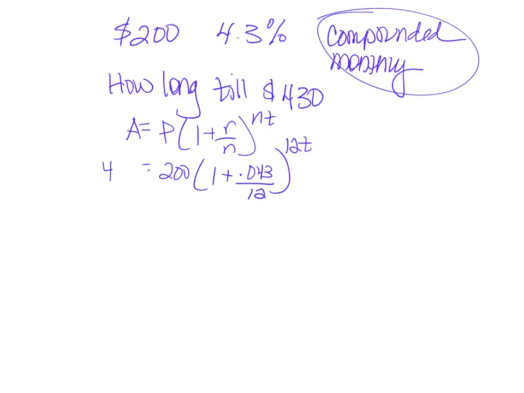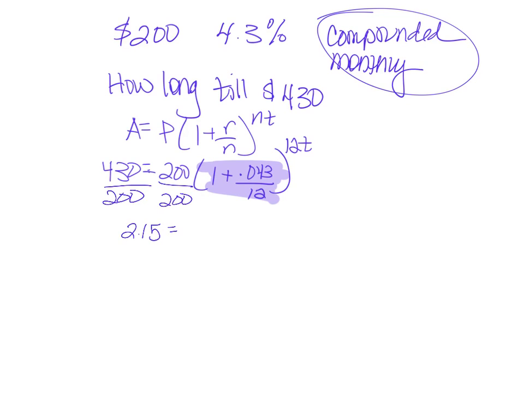So I'm actually going to put that here. And I'm going to start getting my base alone. This whole thing right here is my base because it's all in the parentheses. So I'm going to divide both sides by 200 first. And it does give me some sort of simpler fraction or decimal that's not crazy. So 2.15.